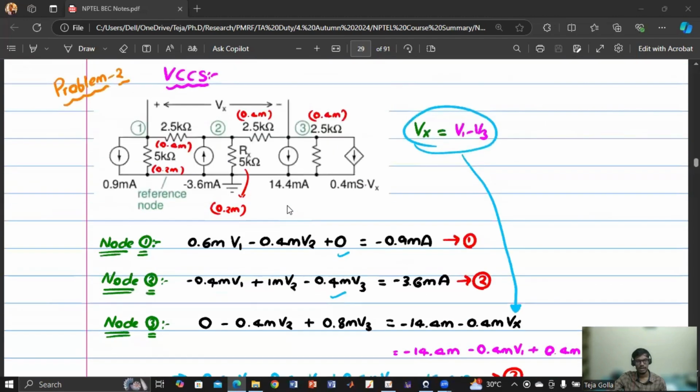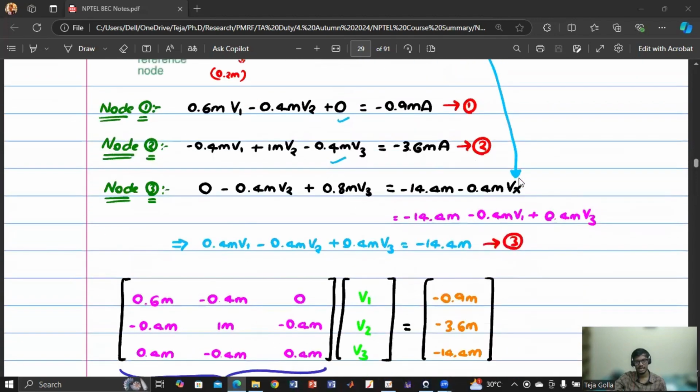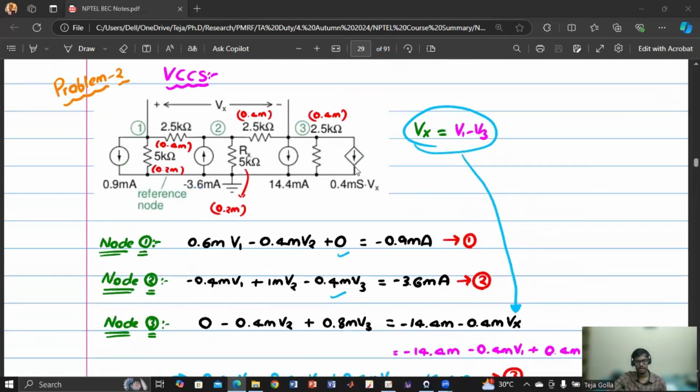Then we have solved different problems on the dependent source. Say here there is a dependent source. What happens? The KCL at node 3 will have a different expression because of the additional term coming from this dependent source. That is what causes the conductance matrix to change. Node 1 and node 2 are simple and straightforward, and remain the same.